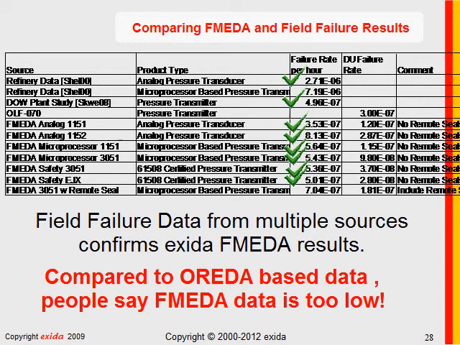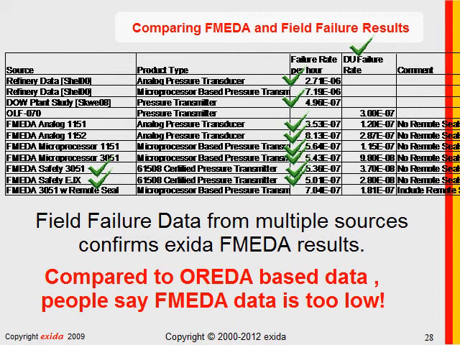One thing that is very different, however, is the dangerous undetected failure rate. Does that make sense? Well, these newer products that are safety certified have extensive online diagnostics that convert otherwise dangerous failures into detected failures.